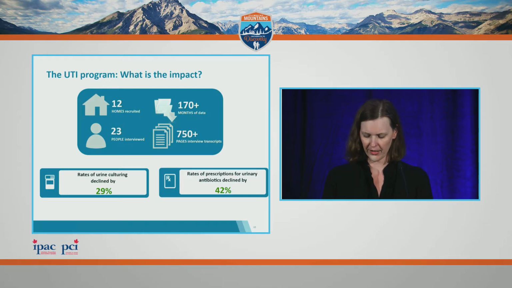We also found a total decline in antibiotic prescriptions of 27%. So we were thrilled by this because it showed that even though some didn't put a whole bunch of the strategies in place and some put many more, it didn't matter, because on average we still had a decline taking place.